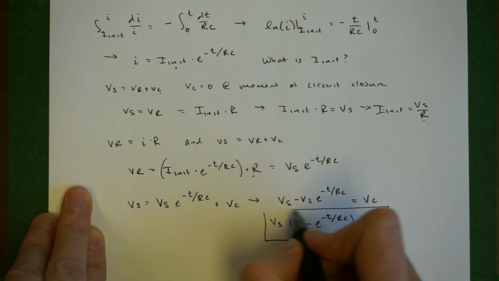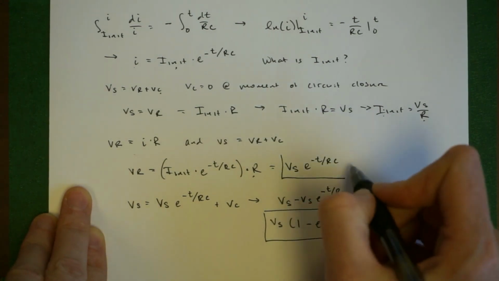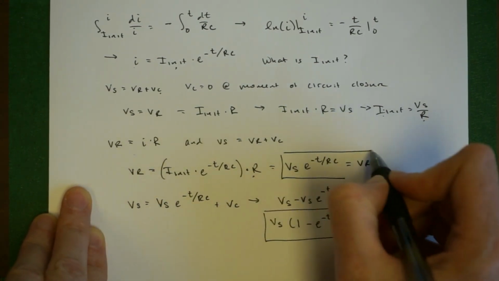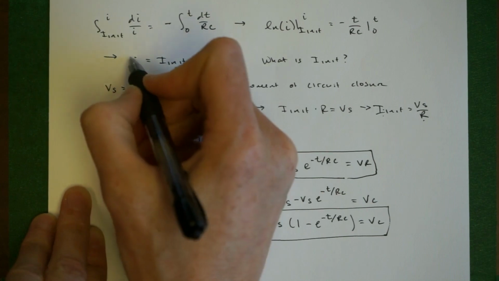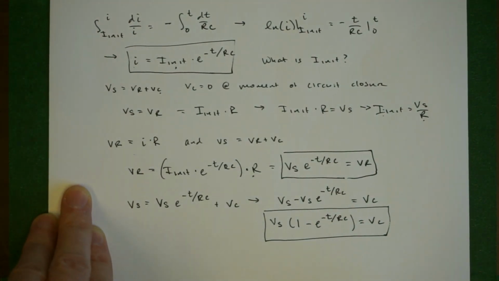So now we have expressions for the voltage across the capacitor as a function of time, the voltage across the resistor as a function of time, and the current as a function of time. So those are the three main equations that determine the behavior of the circuit with the capacitor in it.